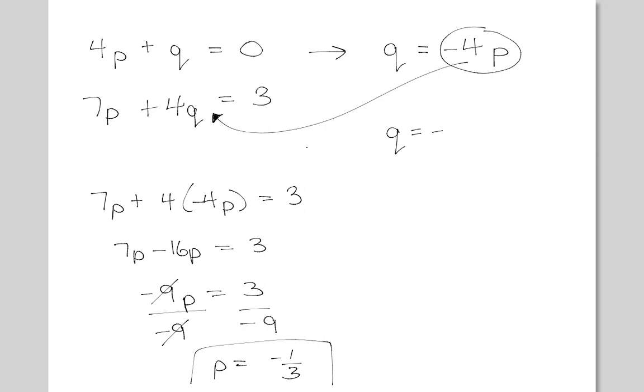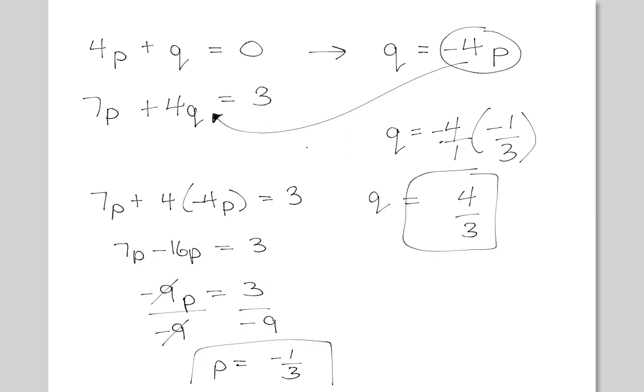Minus 4 times minus 1/3, and you get 4/3. Because you only times top by top, bottom by bottom. So this one only had fractions till the end, so that was okay, right? It was not for us.